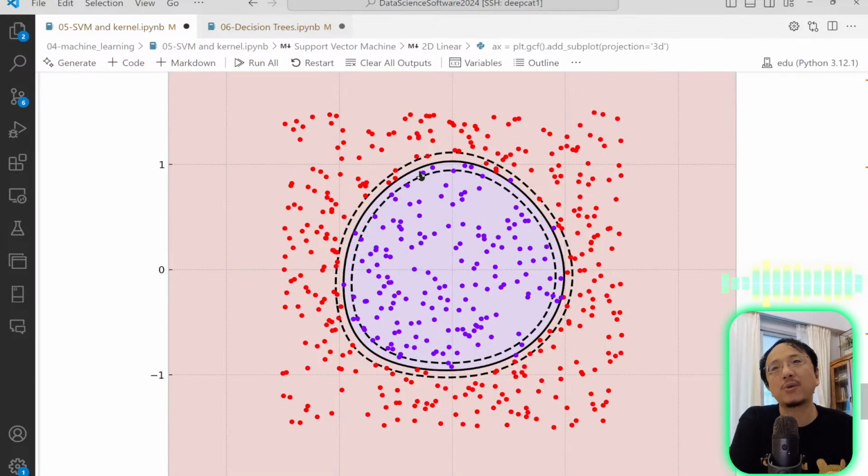You can see that with 500 samples, this will not look like a perfect circle, like what we show on the slide, but you can still see that the boundary is still quite good.